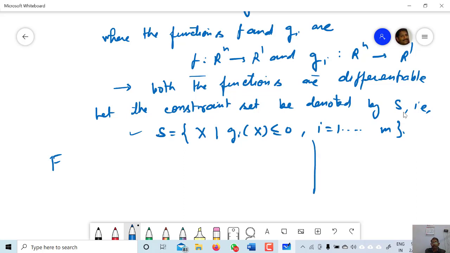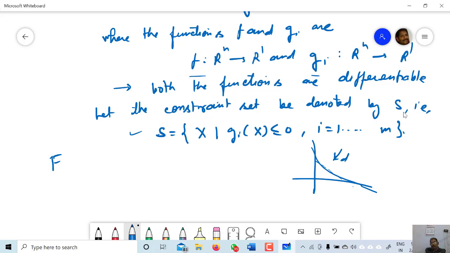Suppose this is a function like this. Okay. This is a non-linear function. So there will be a vector d. So in the direction of that vector d, we get the feasible solution, that at this point we get the optimum value.